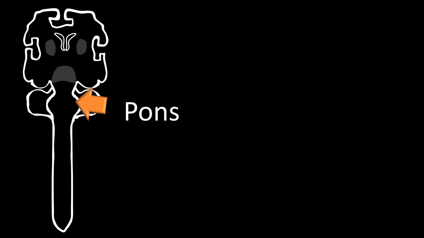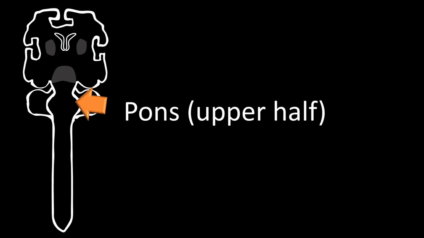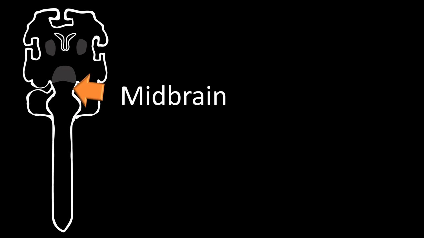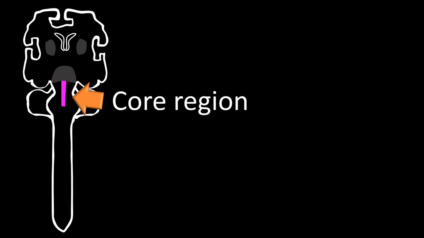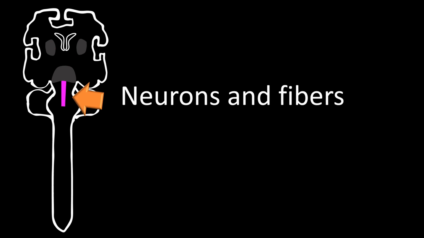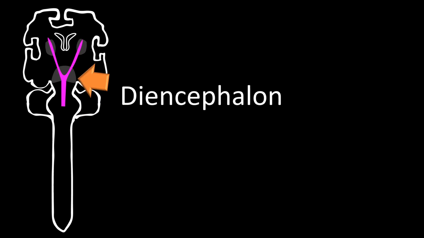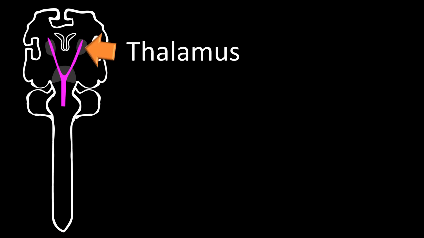Now I want to call your attention to the pons, specifically to the upper half, and to the midbrain. In the core region of the upper pons and midbrain, we find a structure formed by neurons intermingled with strands of fibers that, upon reaching the diencephalon, divide and ascend, reaching the thalami and becoming the reticular nuclei of the thalamus.